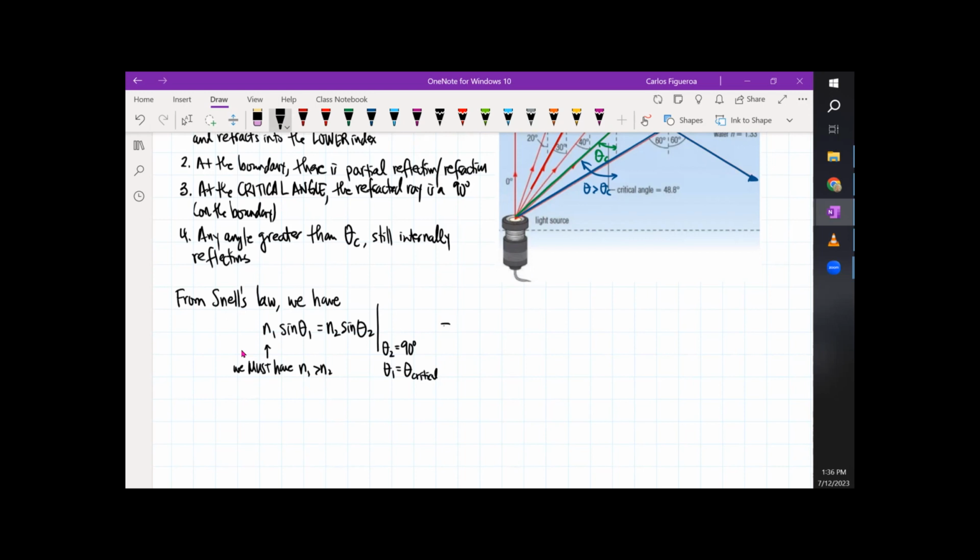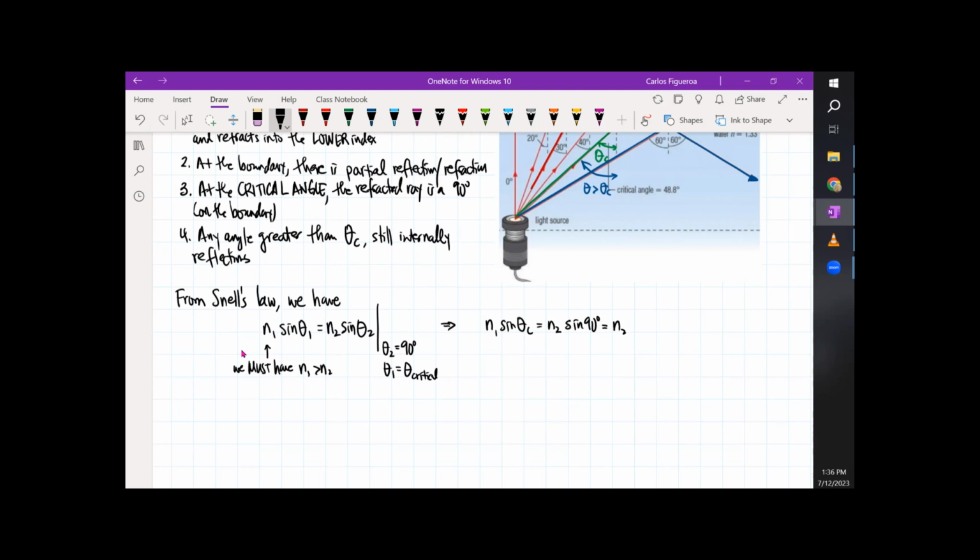So now if I put this all together, we have N1 sine of theta critical equals N2 sine of 90 degrees, but we know that sine of 90 degrees is 1.